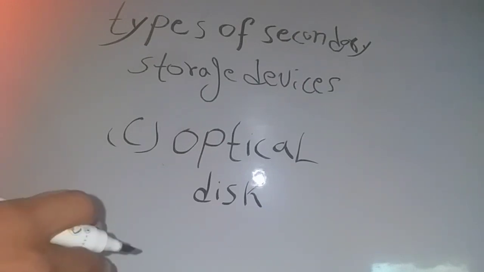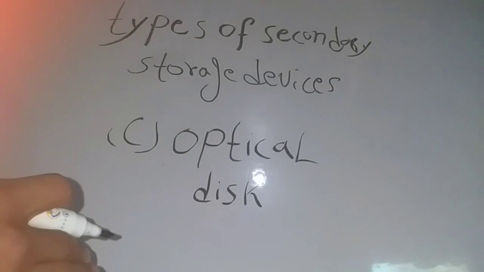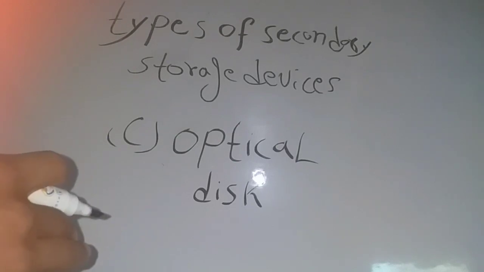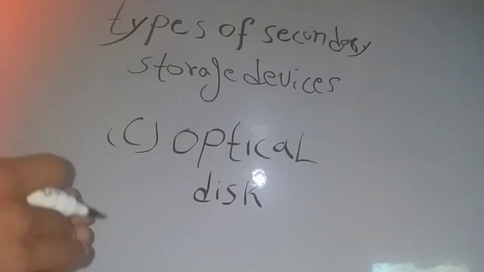The encoding pattern follows a continuous spiral path covering the entire disk surface and extending from the innermost track to the outermost track.